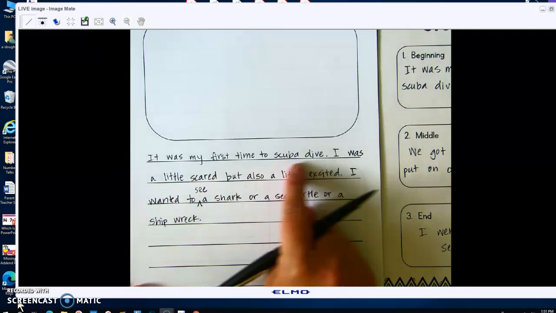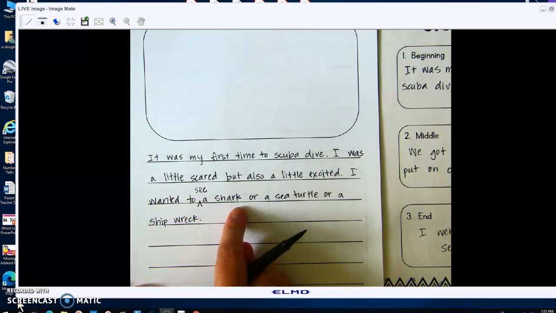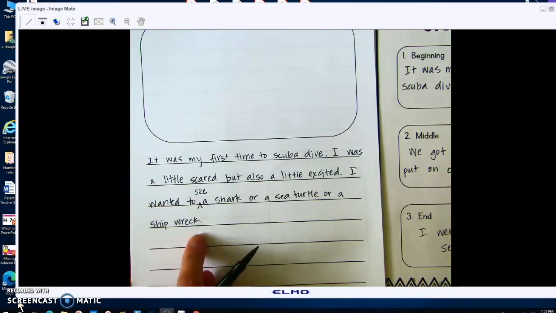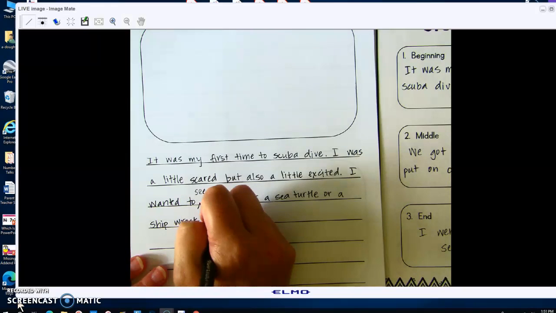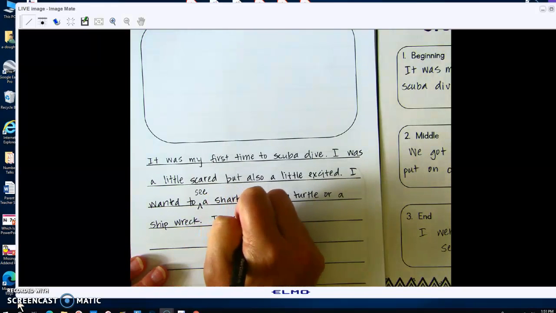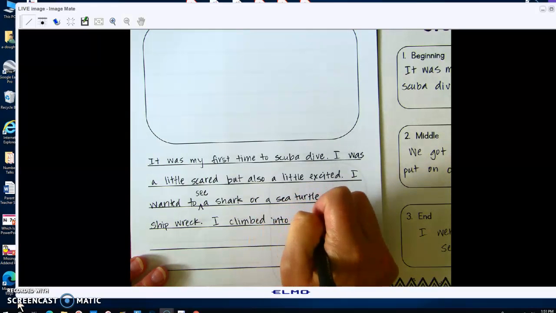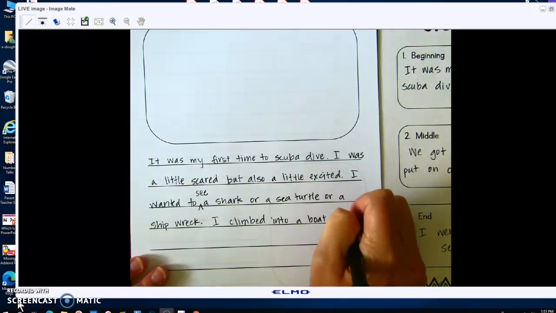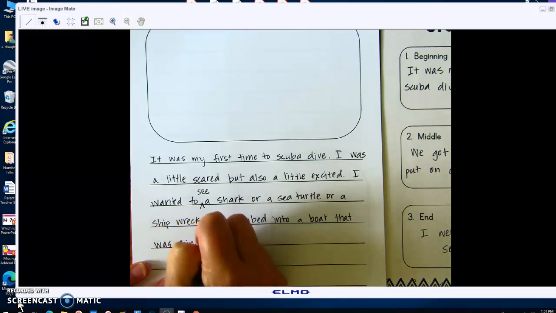So it was my first time to scuba dive. I was a little scared, but also a little excited. I wanted to see a shark or a sea turtle or a shipwreck. Let's see. I climbed into a boat that was going to take us there.